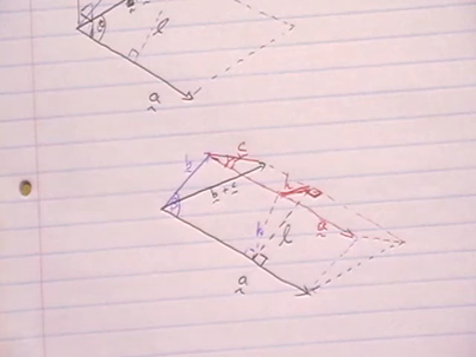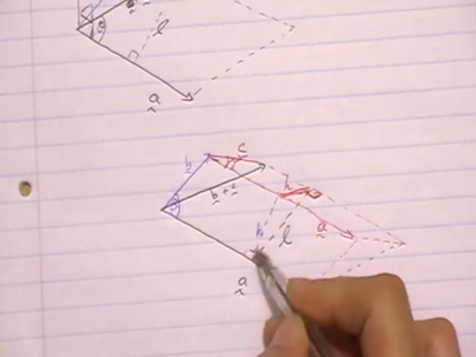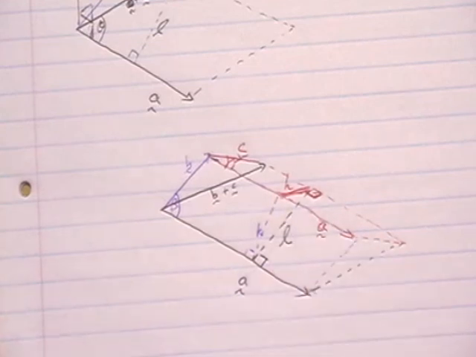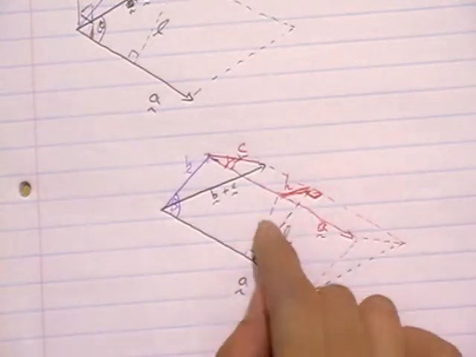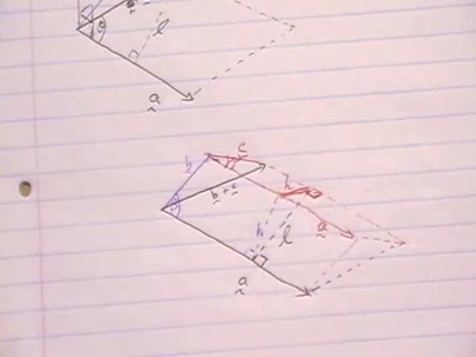So it would also be perpendicular to K. So let me just take out this part of the triangle.